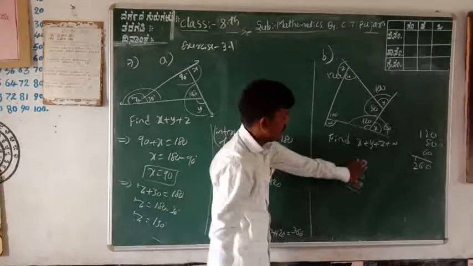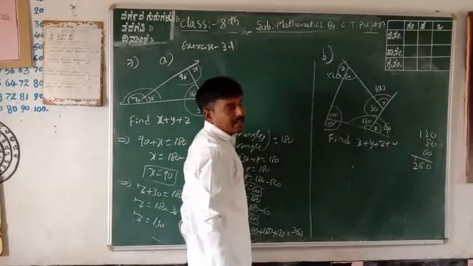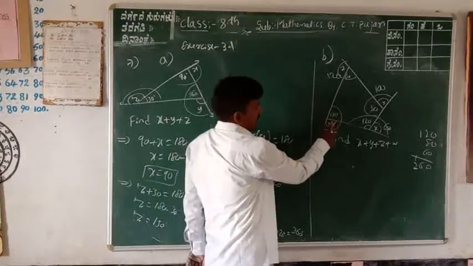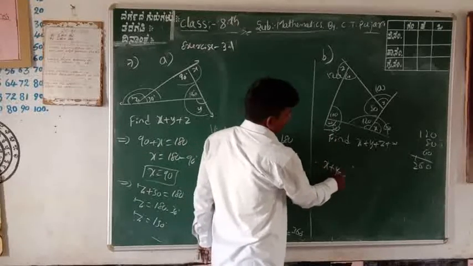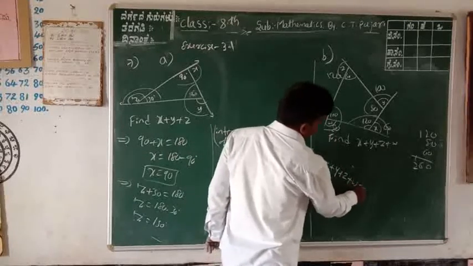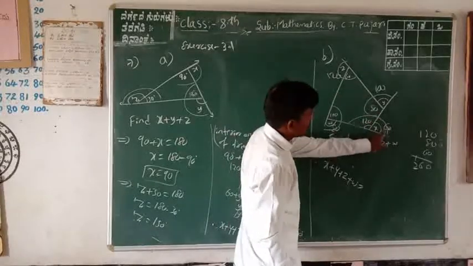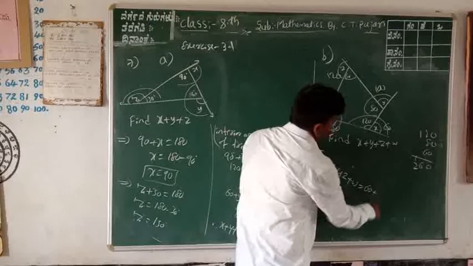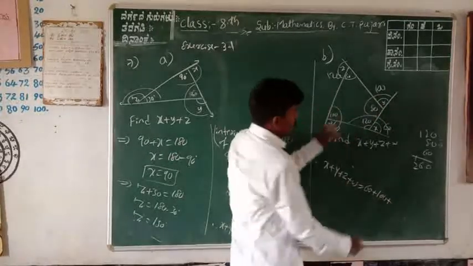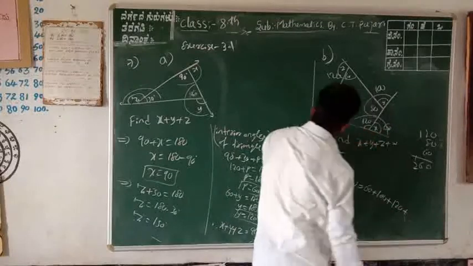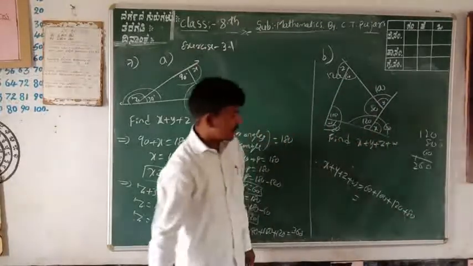These two are again a linear pair, 100, and w is 80. Therefore, x plus y plus z plus w is equal to: the x value is 60, y value is 100, z value is 120, plus w is 80, again the addition of all this.